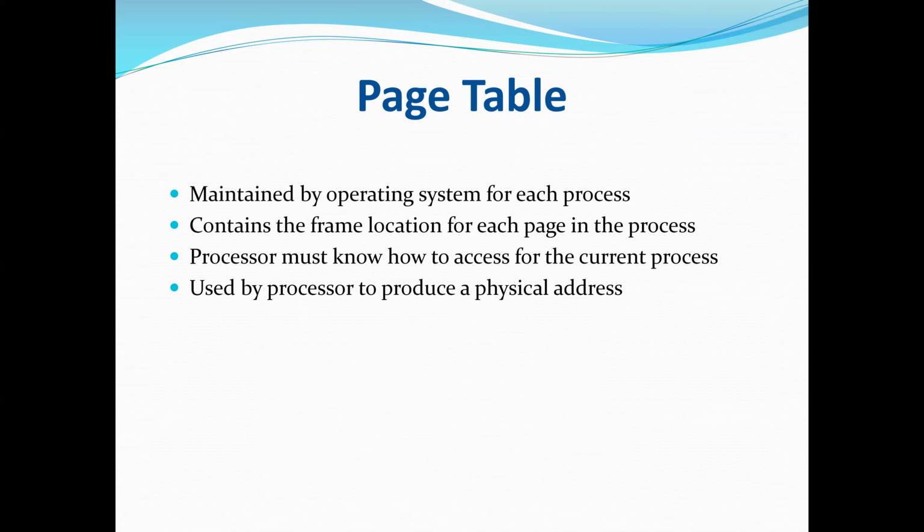Again, a page table is normally maintained by the operating system for each process. It contains the frame location for each page in the process. The processor must know how to access the page table for the current process, and it is also used by the processor to produce the physical address.